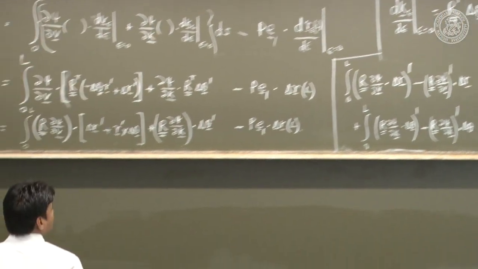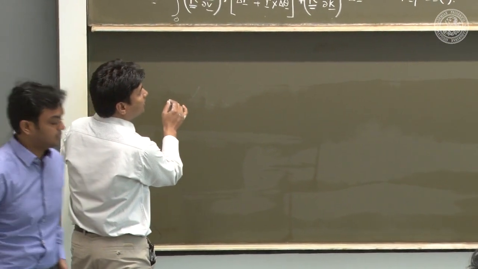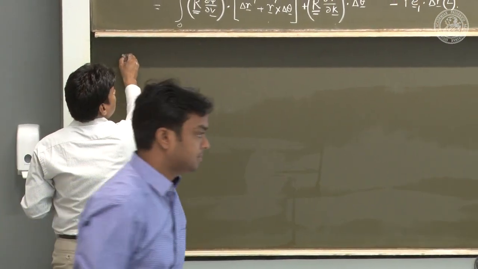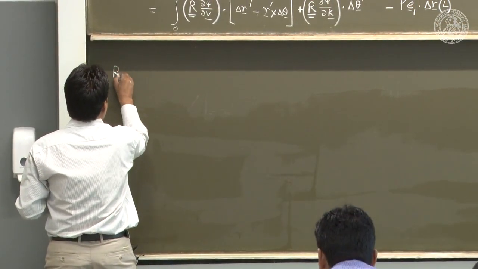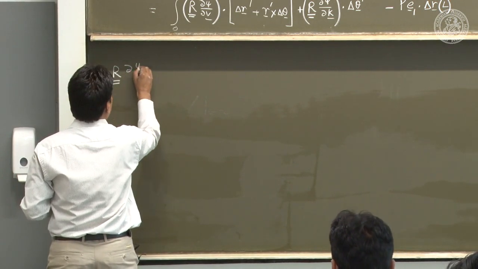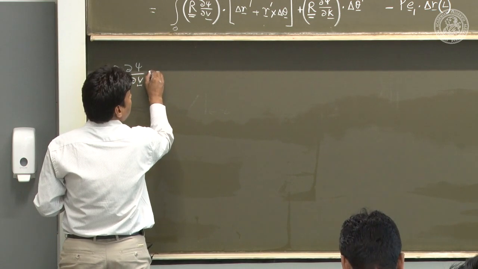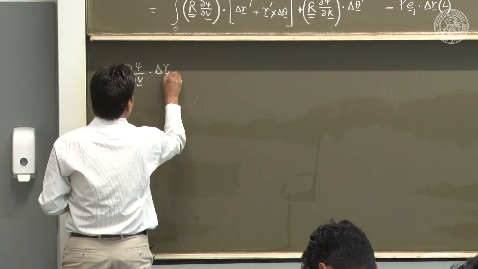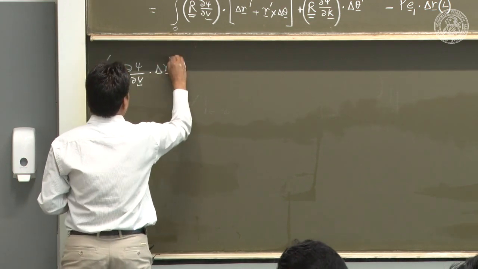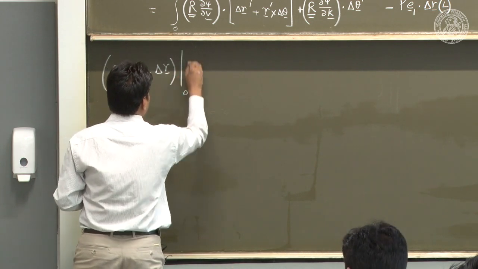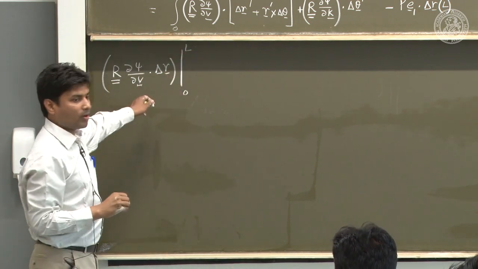So let's first keep the boundary term. So this is R del psi over del V dot delta R at 0 and L. So you get the boundary term.